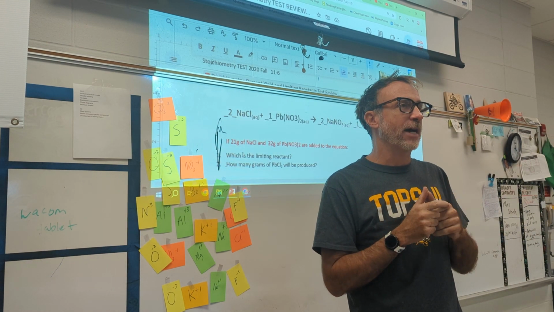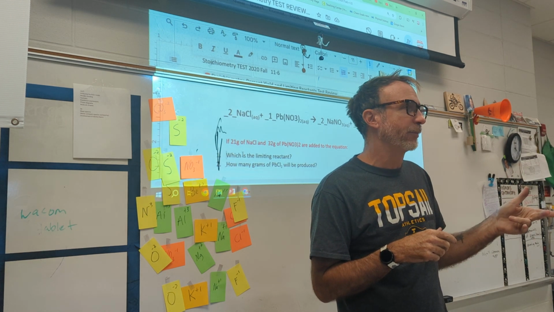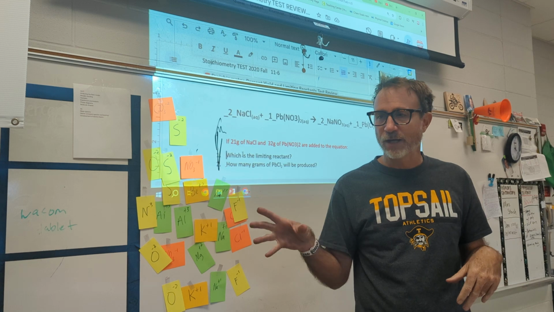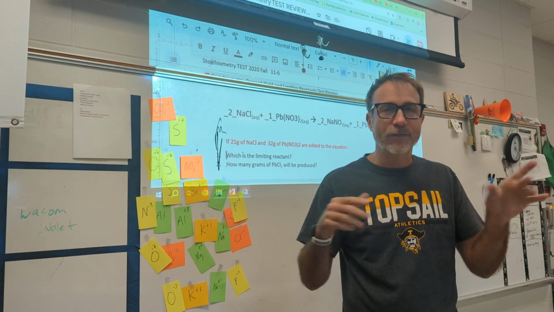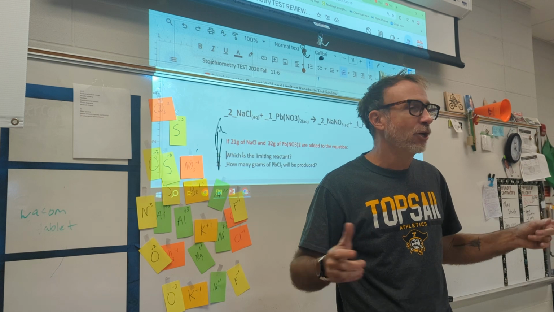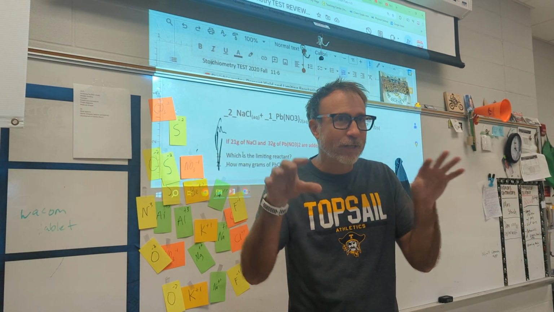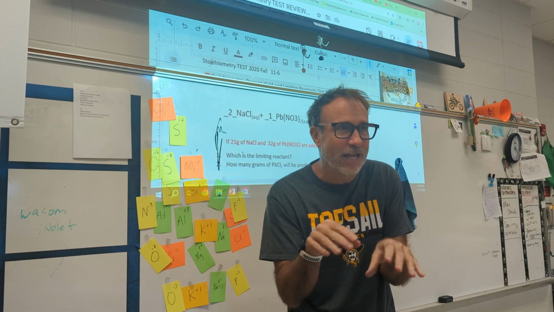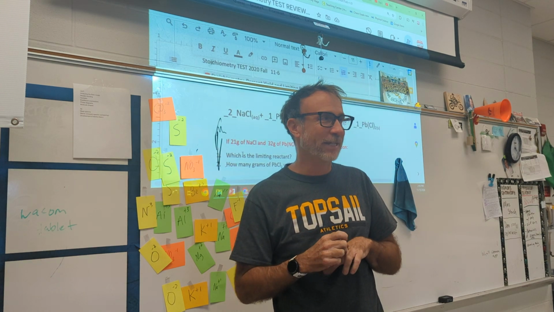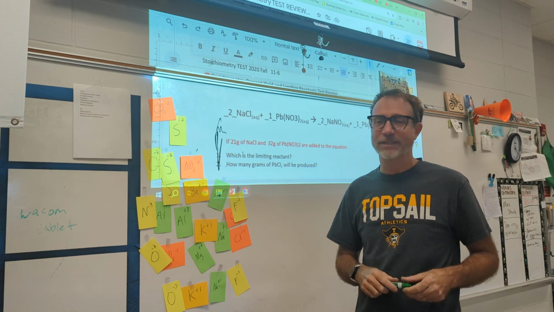But this is like being at McDonald's and saying, okay, we've got 31 buns, we've got 14 hamburger patties, and we've got 12 pieces of cheese. Which one of these is going to keep us from making the burgers? Does that make sense? Which one holds us back? Which one is the limiting one?